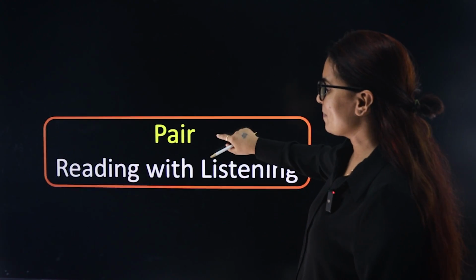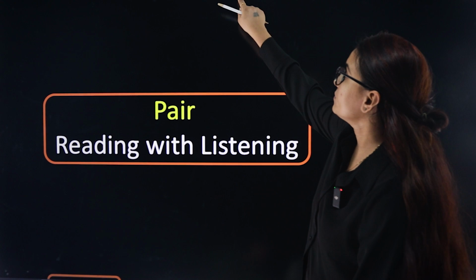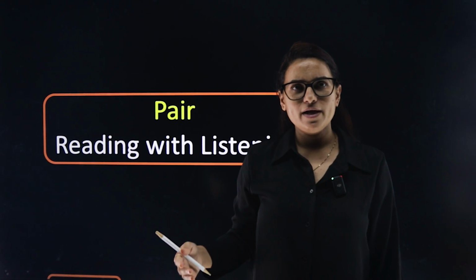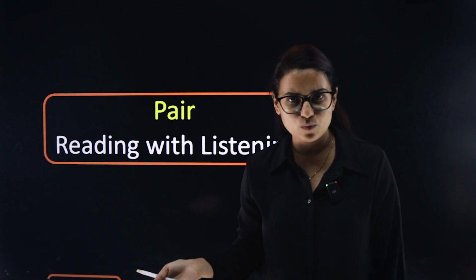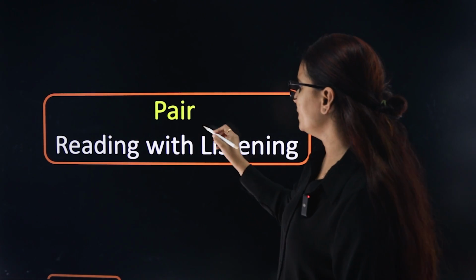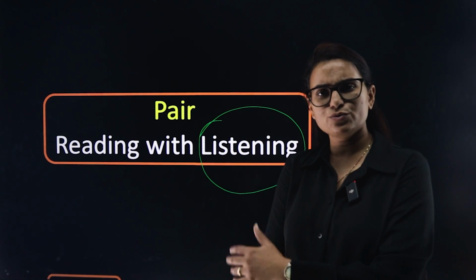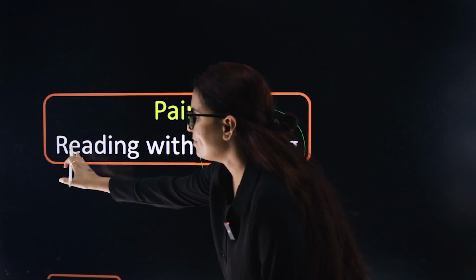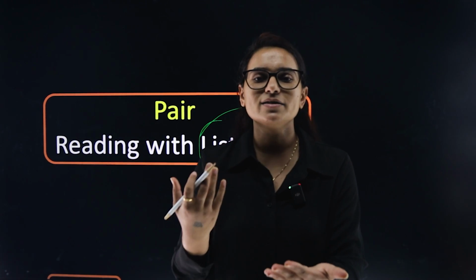In the bonus tip, we have pair reading with listening. When I had finished almost 100 books, and when I read my 101st or 102nd, I started doing this. I started listening to audiobooks. So what I do now, I pick a book, I plug in my earphones, and I read while I listen.